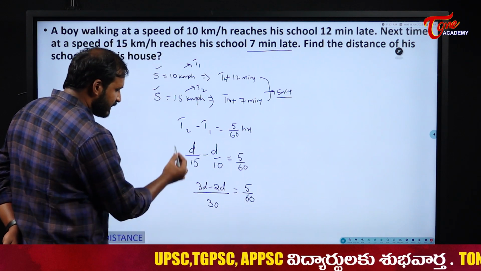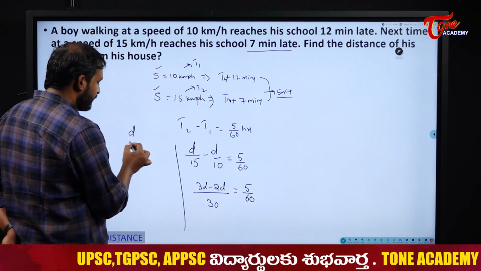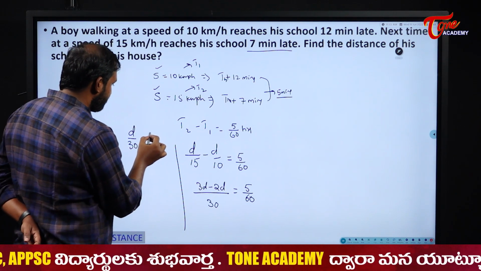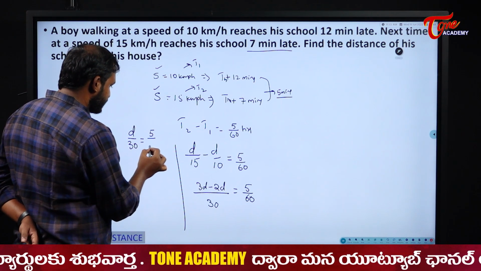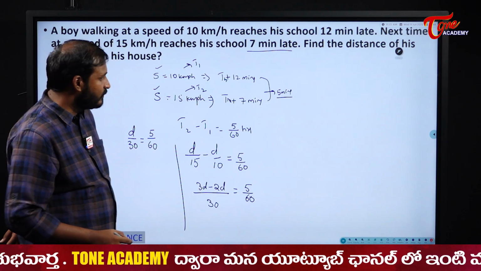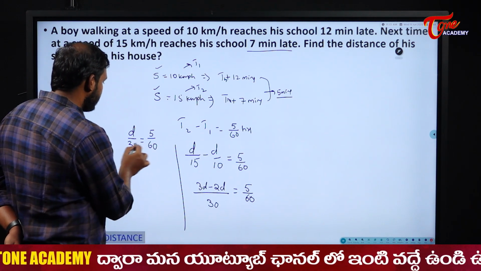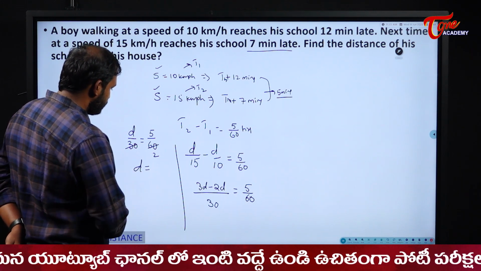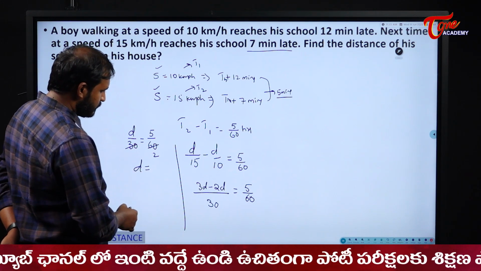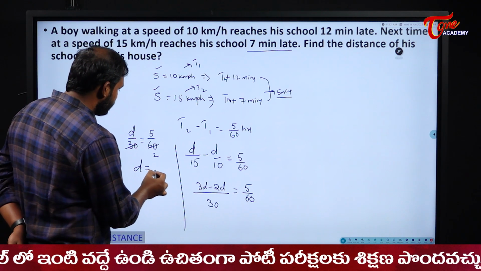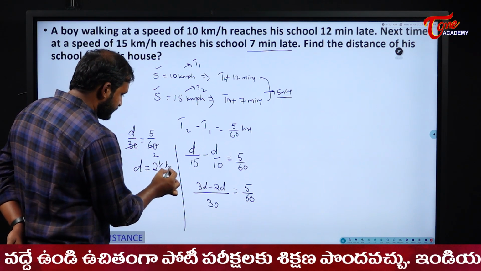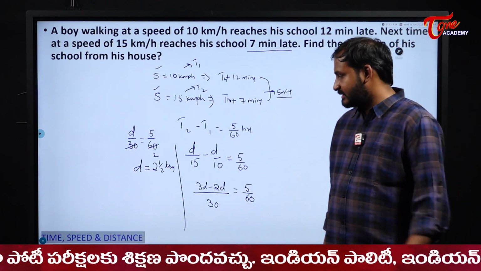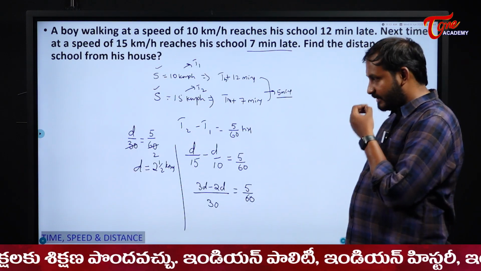So D by 30 is equal to 5 by 60. So distance will become 2.5 kilometers. Okay, 2.5 kilometers.